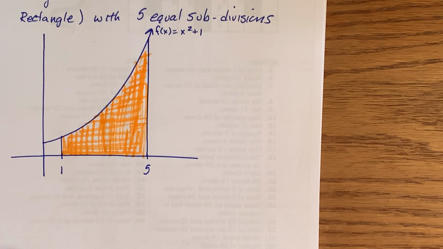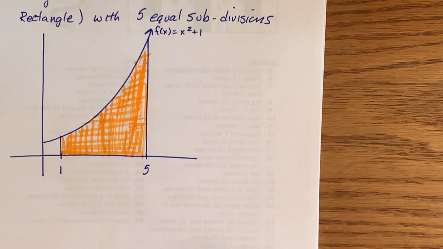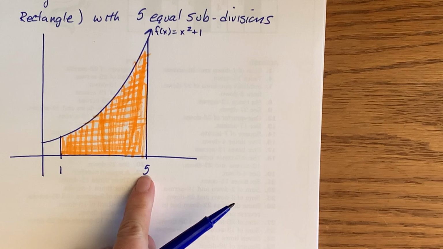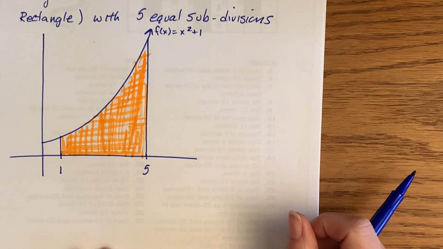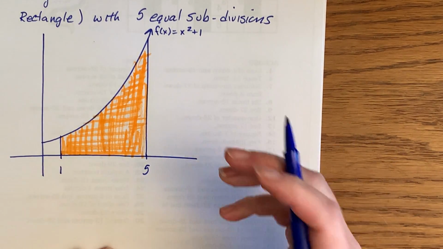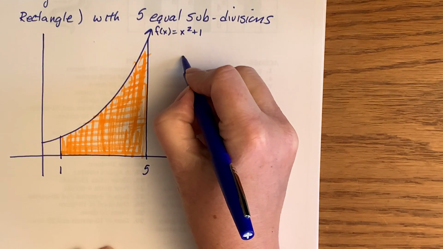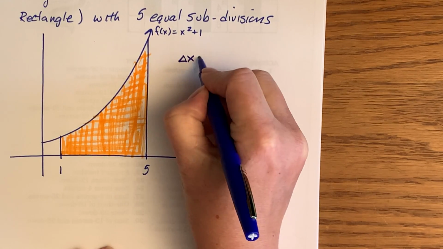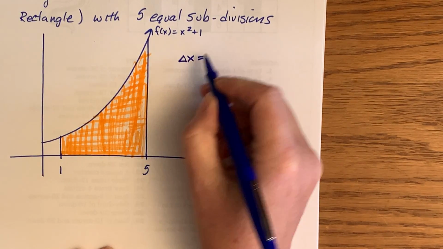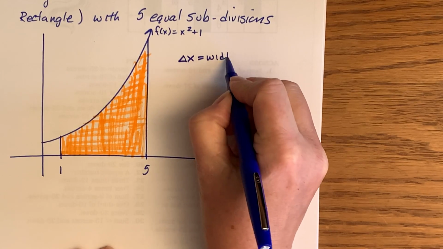All right, so left endpoint rectangles, 5 equal subdivisions. We're going to start with those subdivisions. We need to cut this interval into 5 equal pieces. We're going to call that width delta x. So delta x, a small horizontal change in x, is our width.